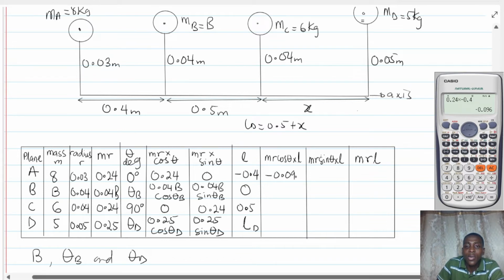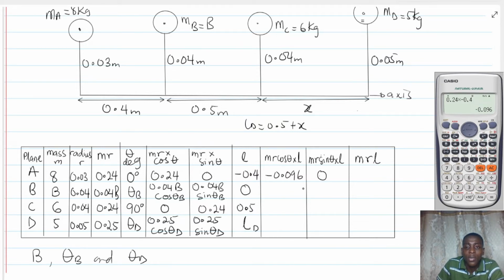Then MR sin theta multiplied by L, but MR sin theta is 0, so this part will be 0.